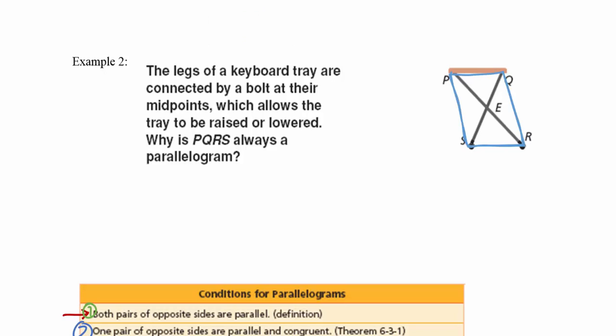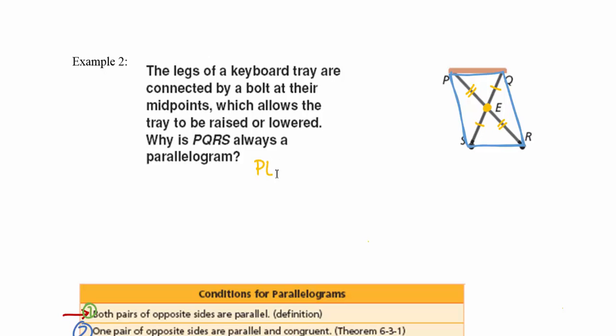So think back to the information that they gave us. They said that the legs of a keyboard tray are connected by a bolt at their midpoints. So they're telling you that this right here is the midpoint of these two legs, which by definition means that this is congruent to this, and this is congruent to this.